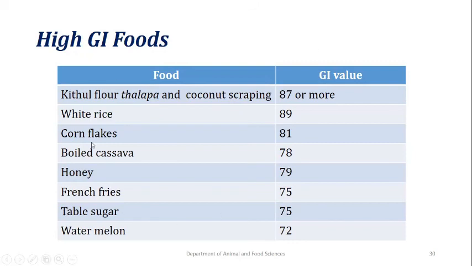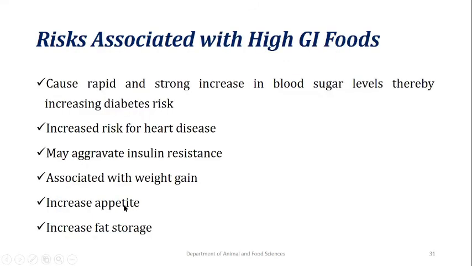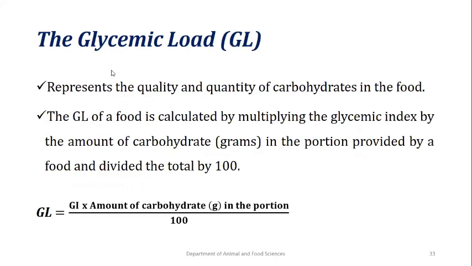There is a problem here. To overcome that issue, scientists have designed the glycemic load. Okay, then the glycemic load is calculated by multiplying the glycemic index by the amount of carbohydrate in the particular portion we take and dividing by 100.